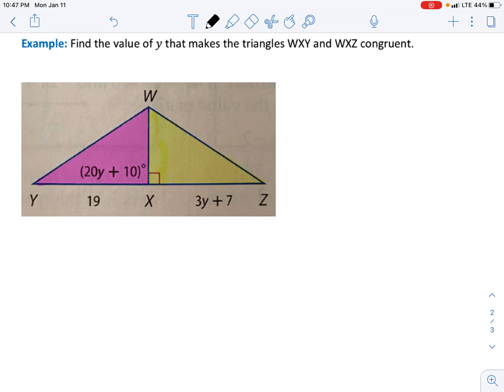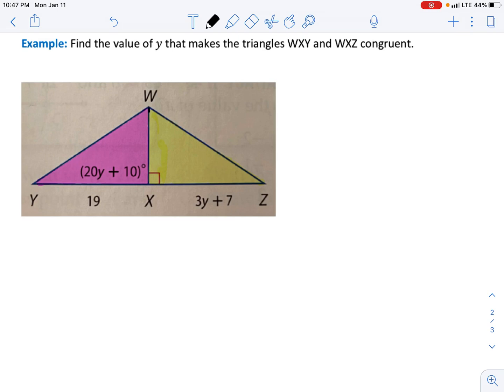Before I start trying to find the value of y, I'm going to try to find sides of these triangles that are congruent to each other. The first thing I notice is that these two triangles share a common side, WX.